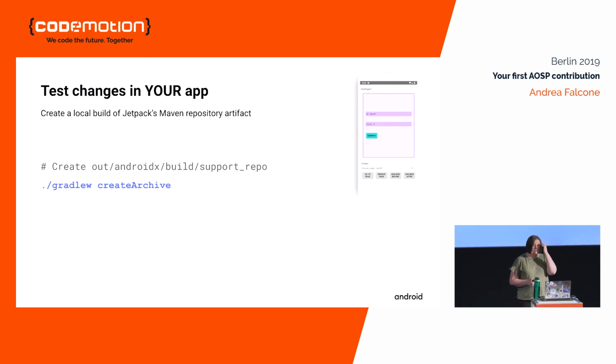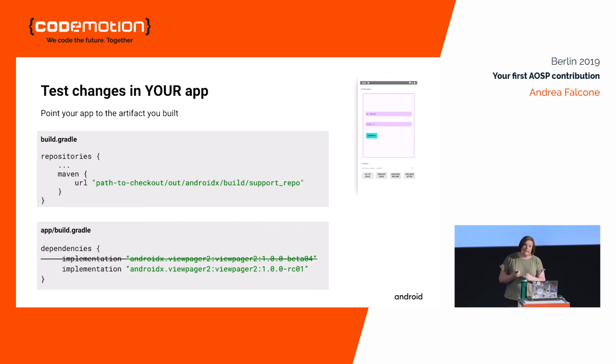So the way to do that is to run a task called create archive. What create archive does is creates a Maven repository locally within the build source directory for the checkout.